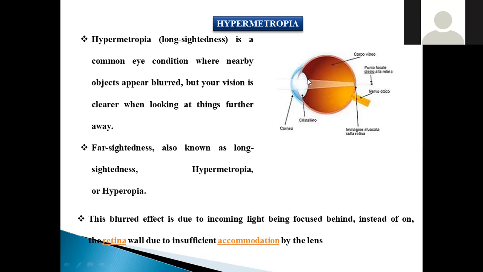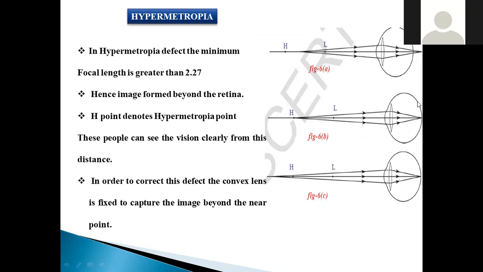Accommodation is nothing but adjusting the focal length in order to concentrate the light on the exact position of the retina. But lack of accommodation is possible. Instead of on the retina, the picture is formed behind the retina, and that condition is said to be hypermetropia.